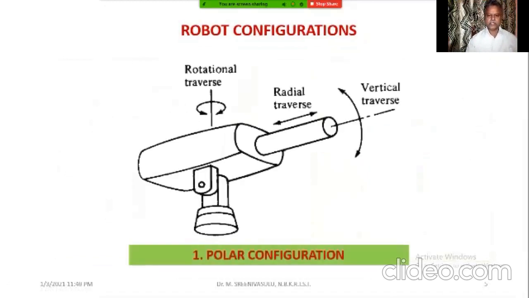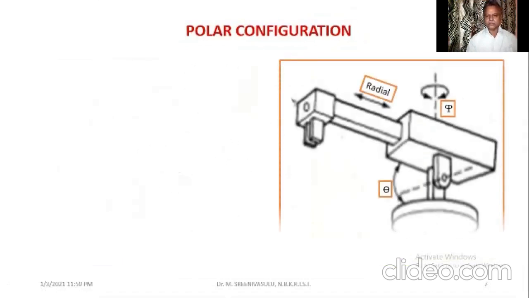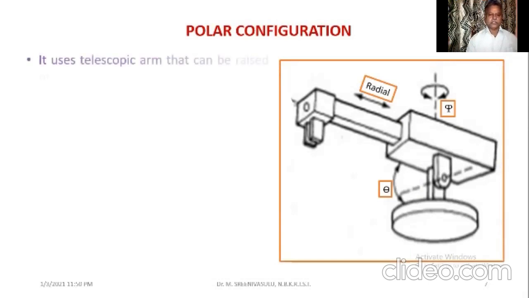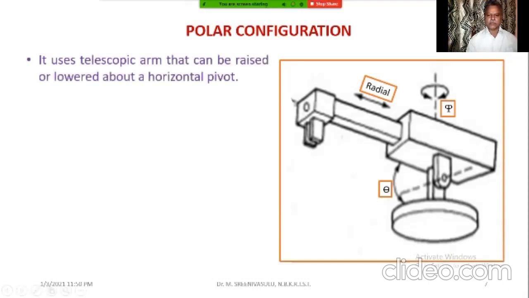Same information: three motions pertaining to the body and arm together have been shown. Same thing again. So it is trying to use the telescopic arm. See, this radial has been written over here. That is something that can come forward and backward.